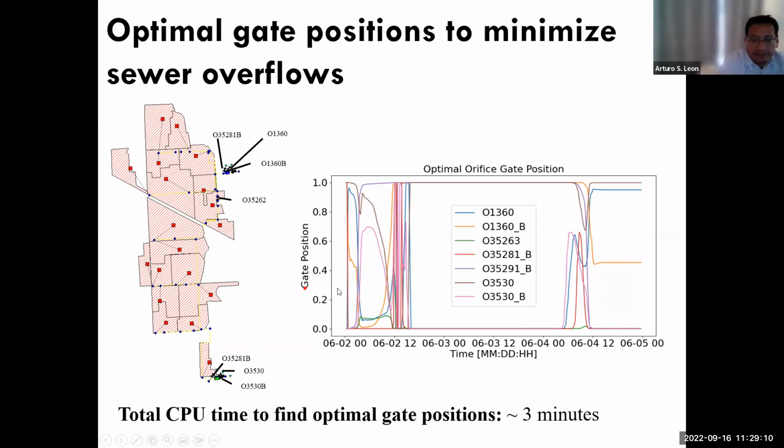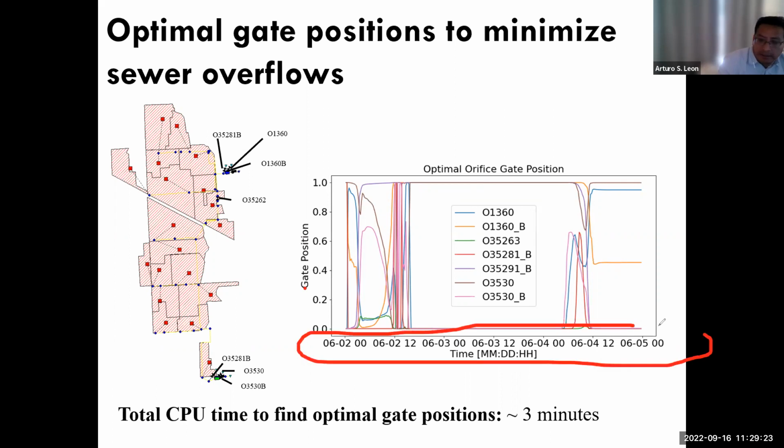So this sewer system has gates at 7 locations, and as you can see here in the bottom, this is a rain that happened over a period of about 3 days, and then we found what should be the opening of the gates during those 3 days, every 10 minutes, and then according to those, we were able to reduce sewer overflow.